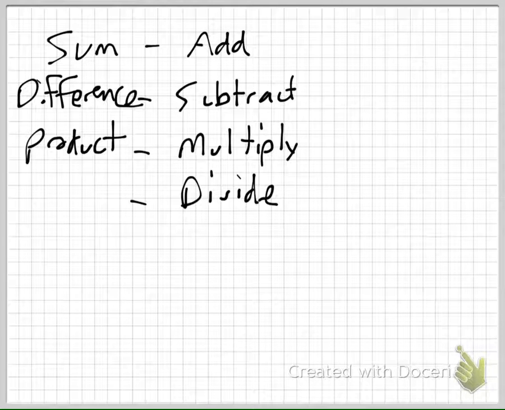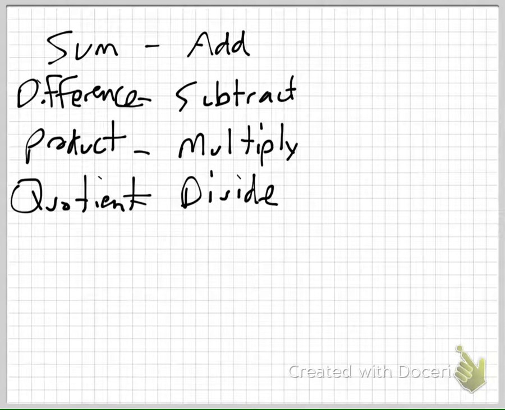Quotient. You're right. So when you see the sum, it means you're adding. When you see the difference, it means you're subtracting. When you see the product, it means you're multiplying. When you see the quotient, that means divide. Those aren't the only words that mean add, subtract, multiply, and divide, but they certainly are the main ones.